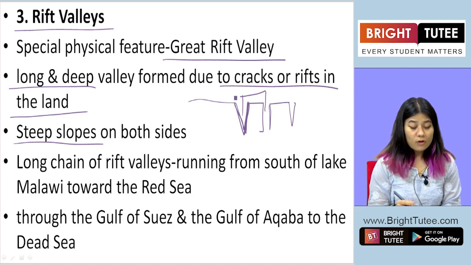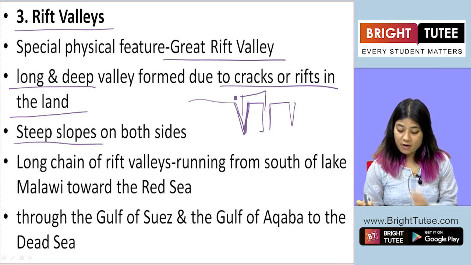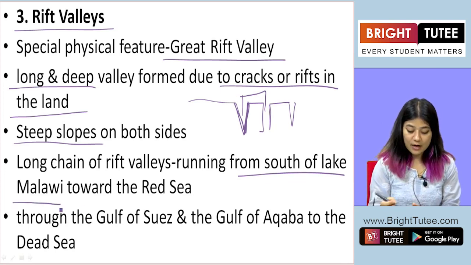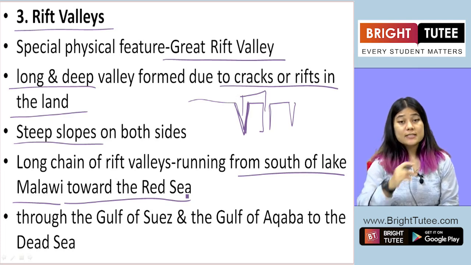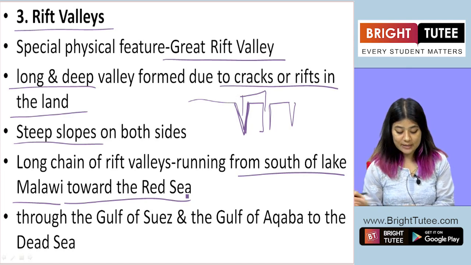The long chain of rift valleys in Africa stretches a long distance. They run from south of Lake Malawi towards the Red Sea, so it looks like a long chain of rift valleys.